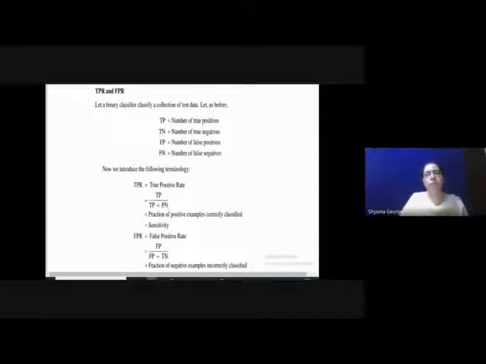False negative is the positive tuples that were incorrectly labeled as negative. So false negative plus true positive will give the total number of positive tuples. The value true positive divided by true positive plus false negative is the fraction of positive examples correctly classified, and that is sensitivity.